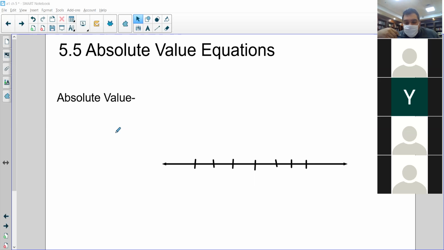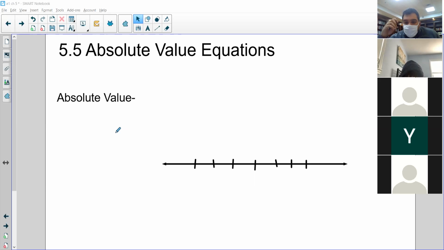Are you giving us a problem, or is this something new? This is the beginning of the next section, and then we'll do problems. The reason I'm not going to give a problem is that it's more like a fact kind of thing versus a solve kind of thing.